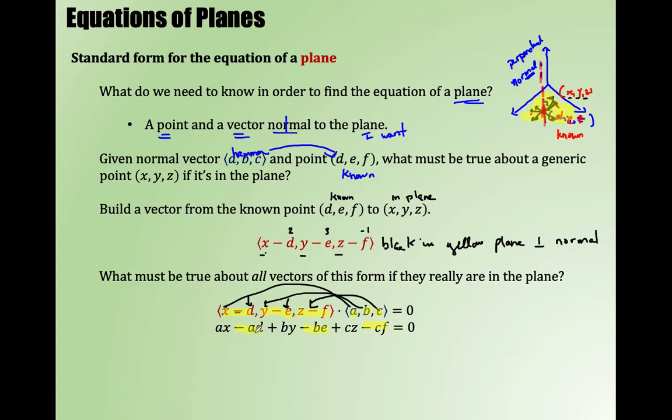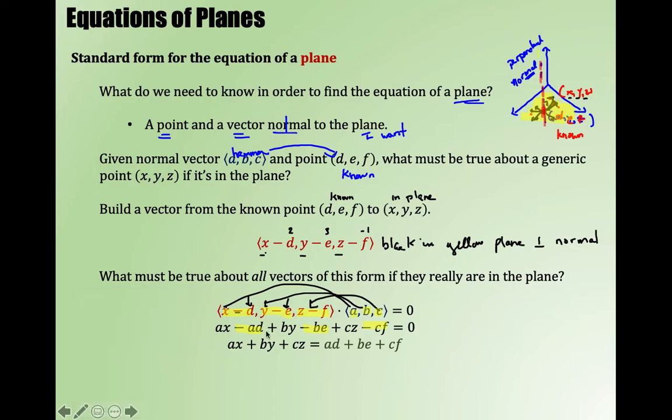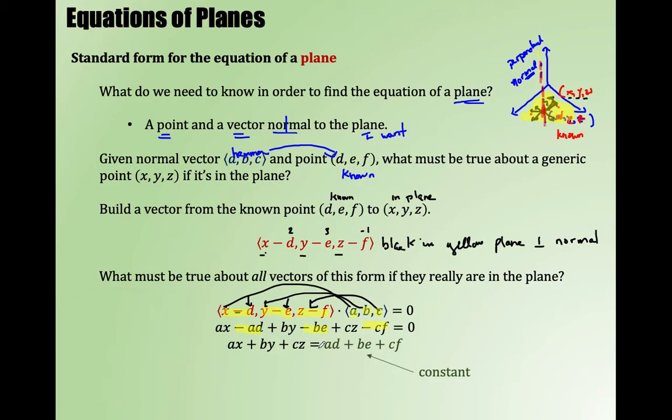I want to take all three of these numbers and move them over to the right side and combine them. So I have three numbers on the right side. I'm going to put them together, and they're all just one number, one constant.